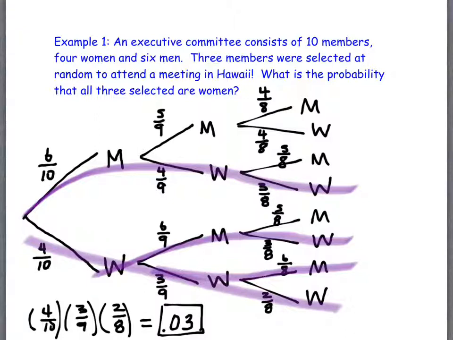So let's just answer that question since I've posed it in the middle of the question here. This one's 0.03. So Shelby, will you multiply the top branch for me? Devin, you have a calculator. Will you multiply this branch for me right here? Okay, and Rachel, will you do the next one?